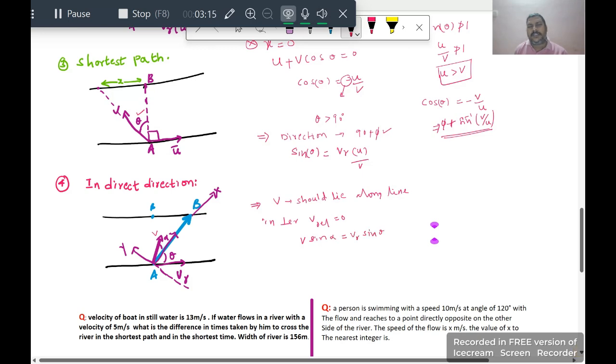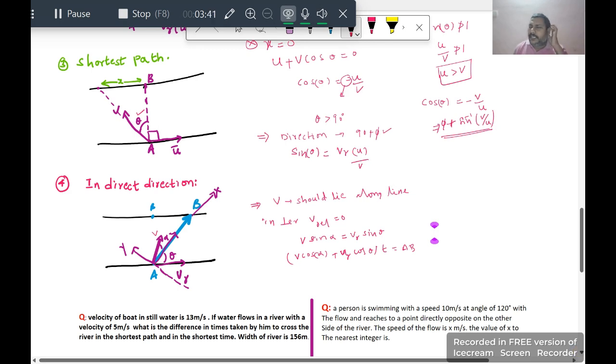So this is one condition. And along line AB, my velocity V cos alpha plus VR cos theta, multiplied by T, is equal to AB. So this is the condition to go directly.